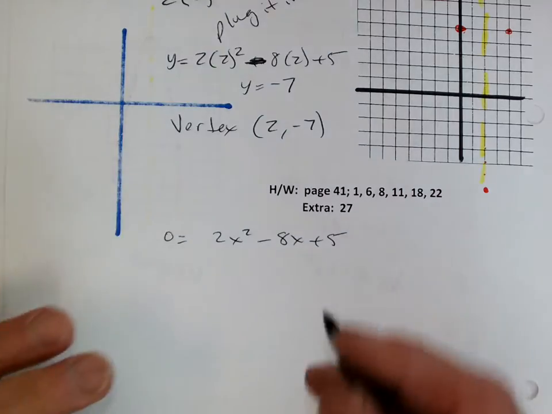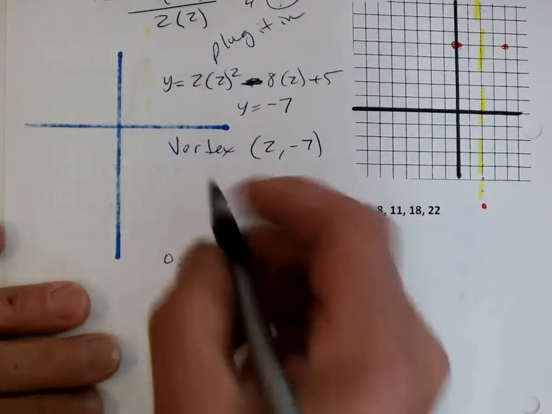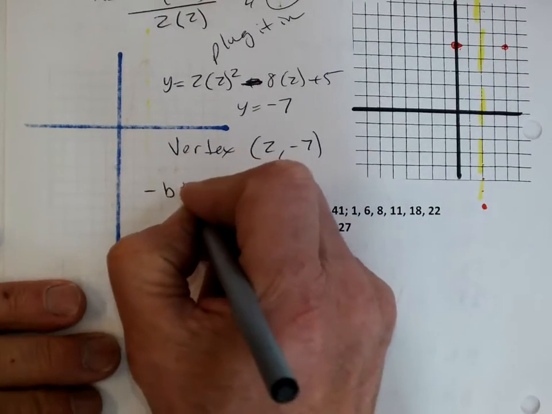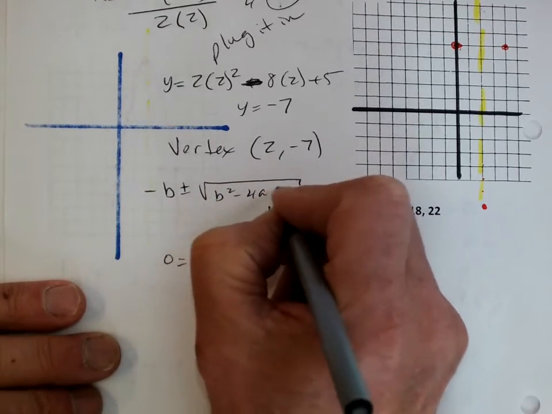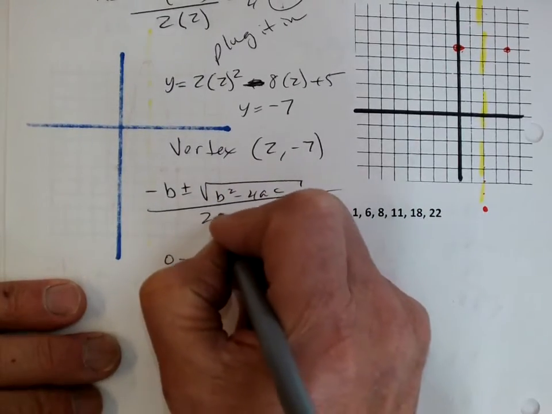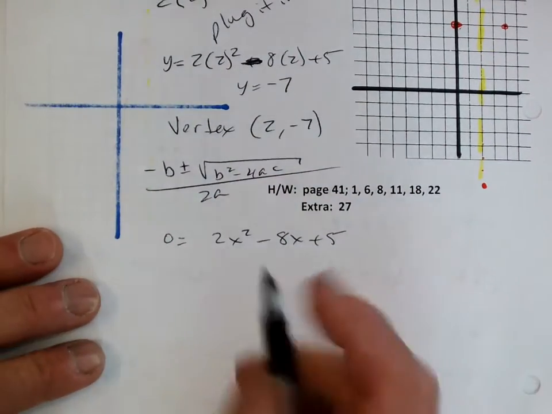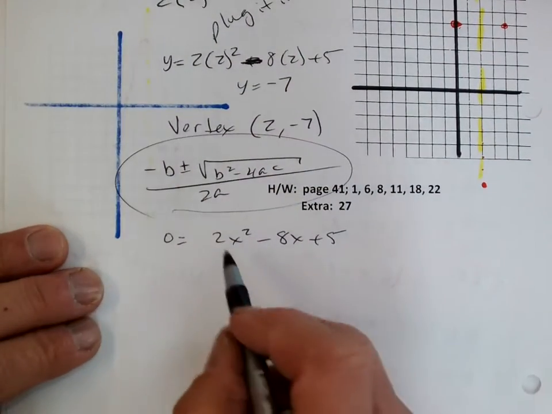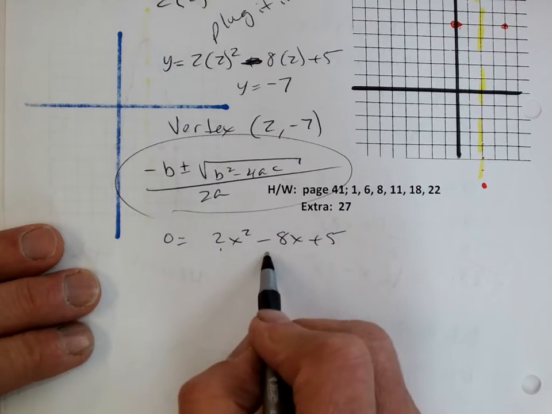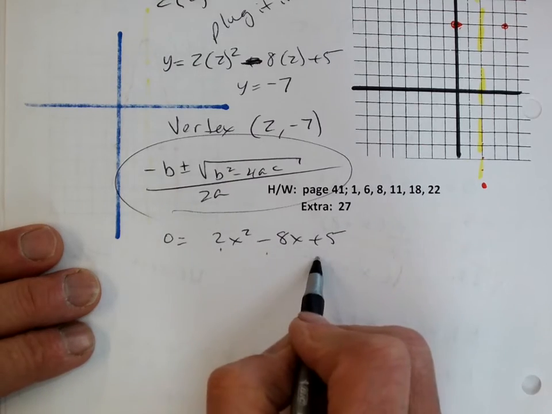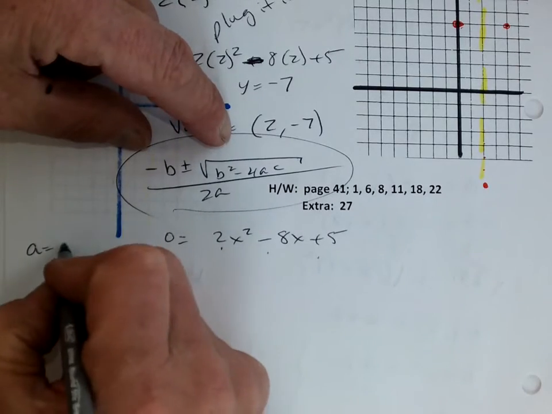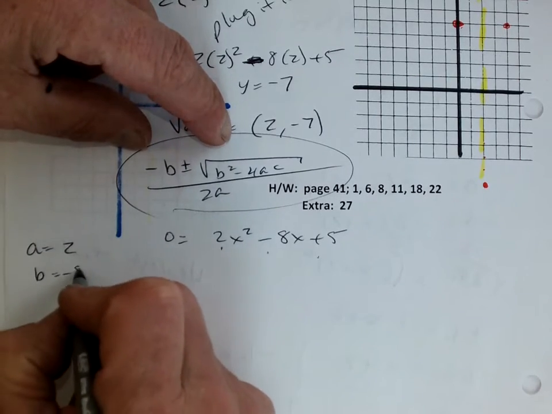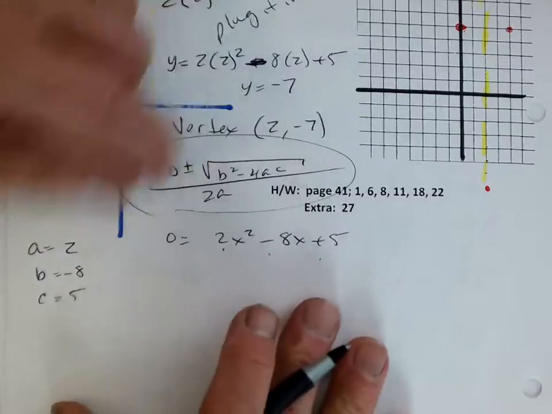Okay, so I'm going to use my negative b plus or minus square root b squared minus 4ac all over 2a. Okay? A, B, C, right? So I know my A is 2, my B is negative 8, my C is 5.